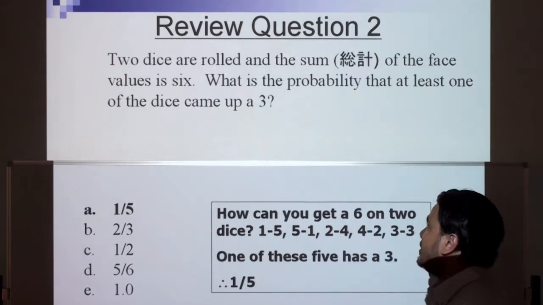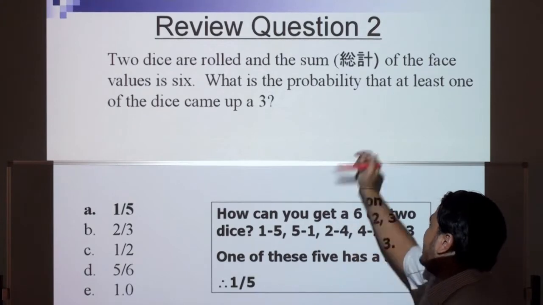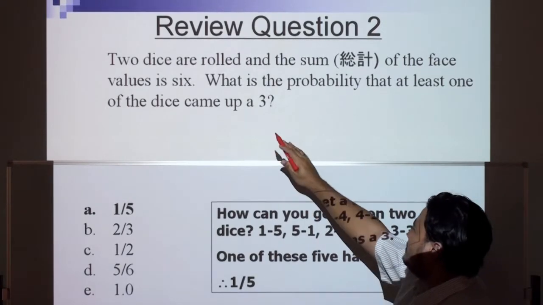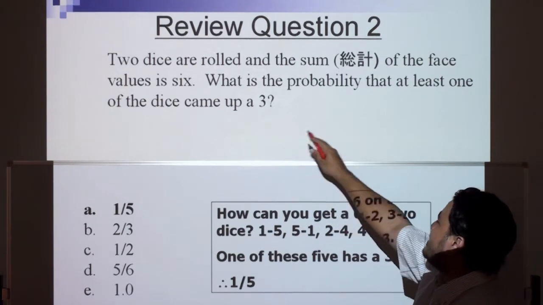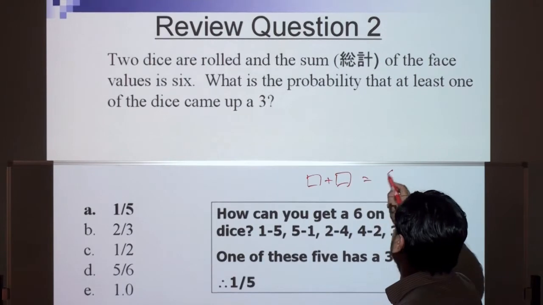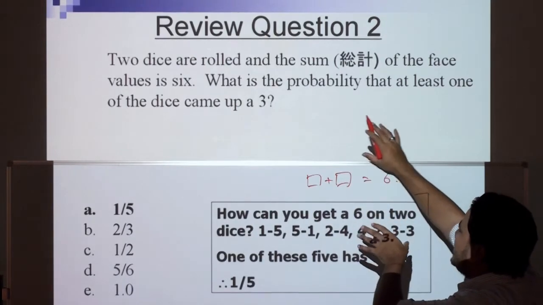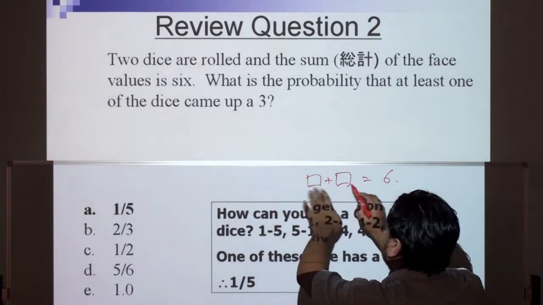Let's move on. Our second review question: 2 dice are rolled this time, and the sum of the face values is 6. What is the probability that at least one of the dice came up a 3? So you have 2 dice, and the total of that equals 6. Again, what we do here is find out the possible combinations of the 2 dice.